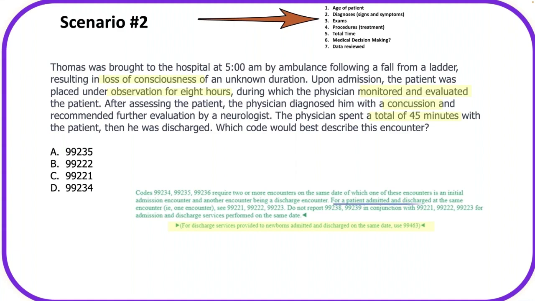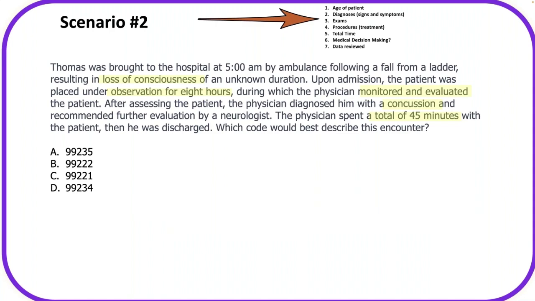And we're going to revisit the guideline. It says for patients admitted and discharged at the same encounter, one encounter, see codes 99221, 222, and 223. So right away, we're going to get rid of those admit and discharge codes.